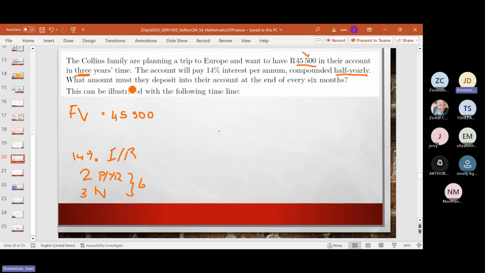What amount must they deposit into their account at the end of every 6 months? Again, see we use different words. After every 6 months basically means 2 times a year. But they could have rather said both half yearly or both every 6 months.